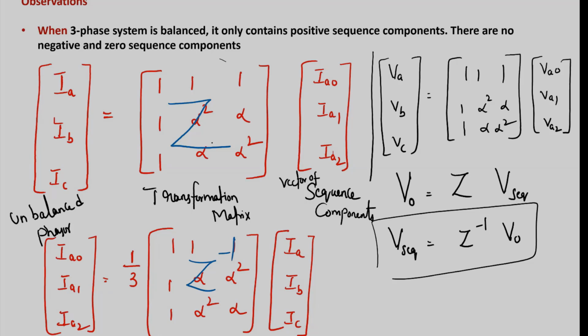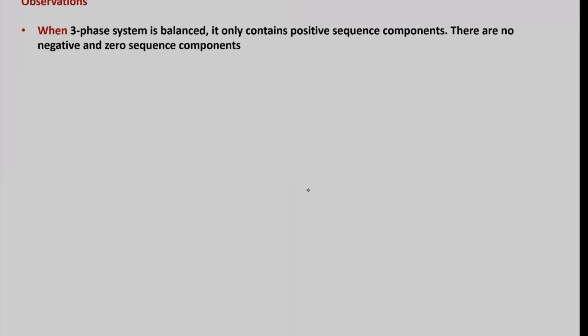What we have discussed so far is purely mathematical, nothing related to the electrical system. When a three-phase system is balanced, that is when our power system is balanced, it only contains positive sequence components. There are no negative and zero sequence components.